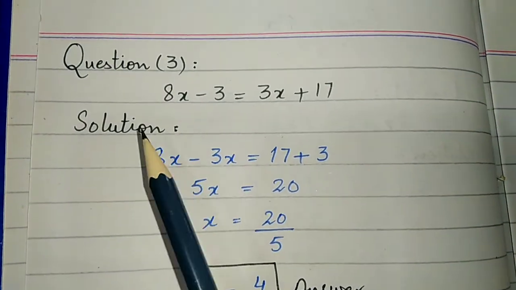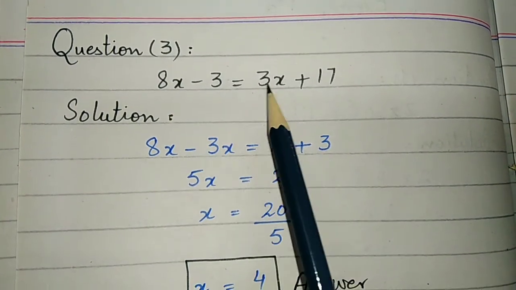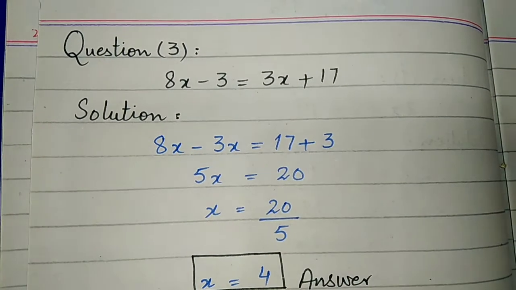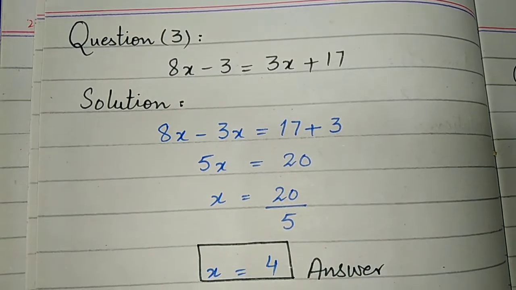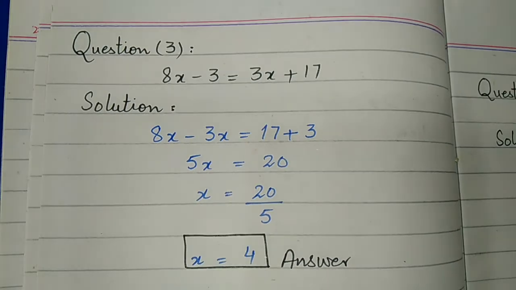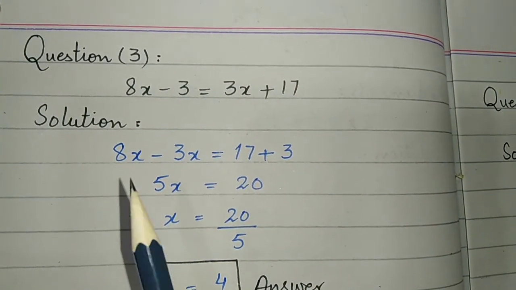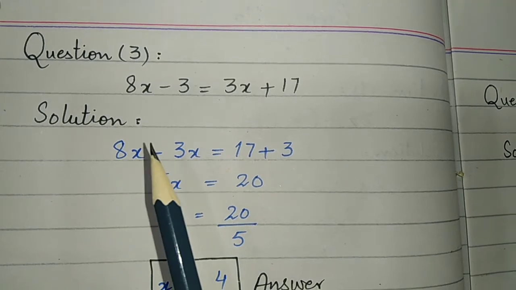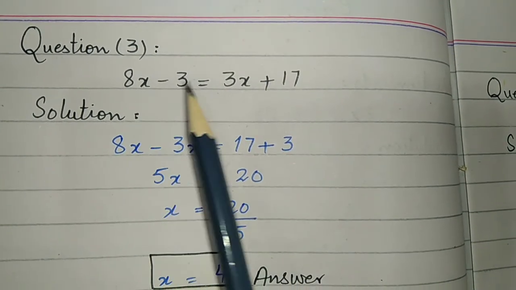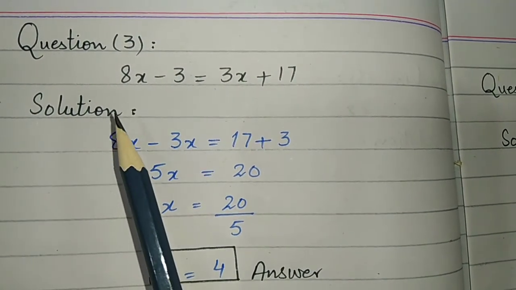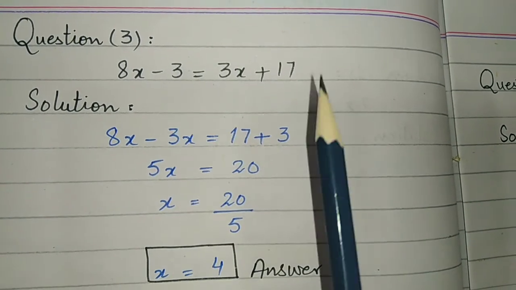Question number 3 is 8x minus 3 equals 3x plus 17. Now we have to combine the like terms, because we know that addition and subtraction only hold for like terms. So we have to combine the like terms on the left hand side and the constants on the right hand side.